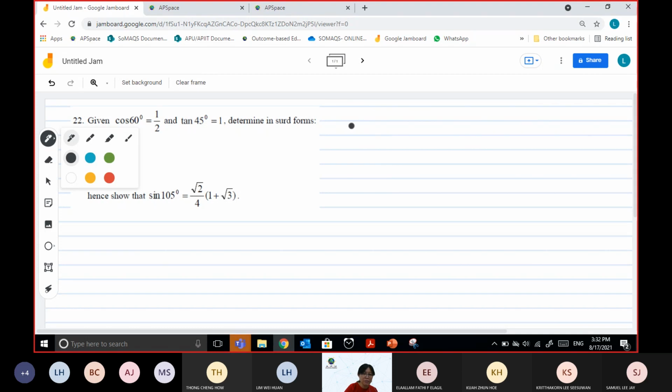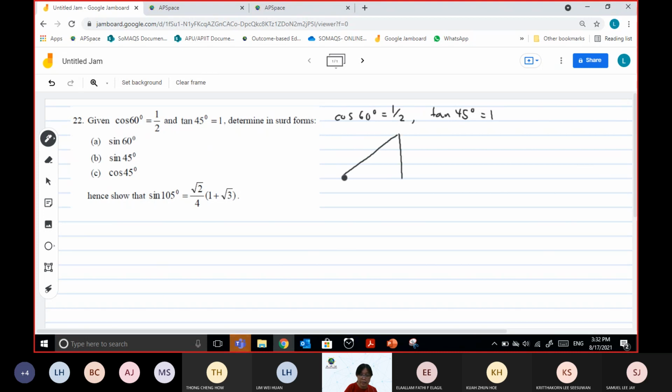So for the information provided here, given cos 60 is equal to half, and tangent 45 is equal to 1. For the first one, sine 60, we can find it by using cos 60. With cos 60, you can draw a right angle triangle. Let's say this is 90 degrees and this one is 60.